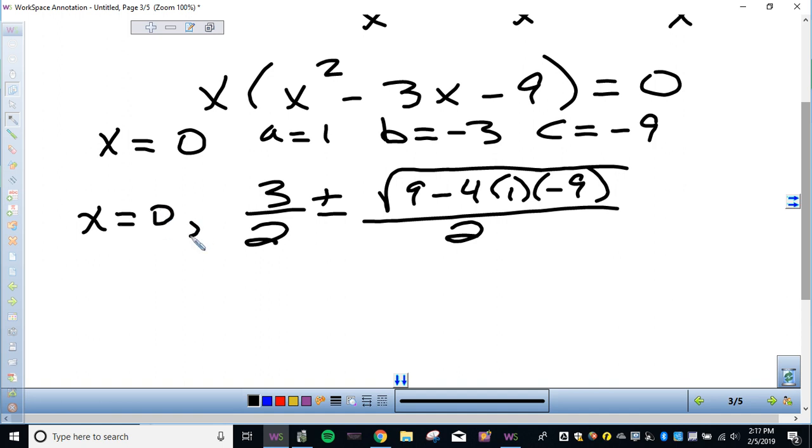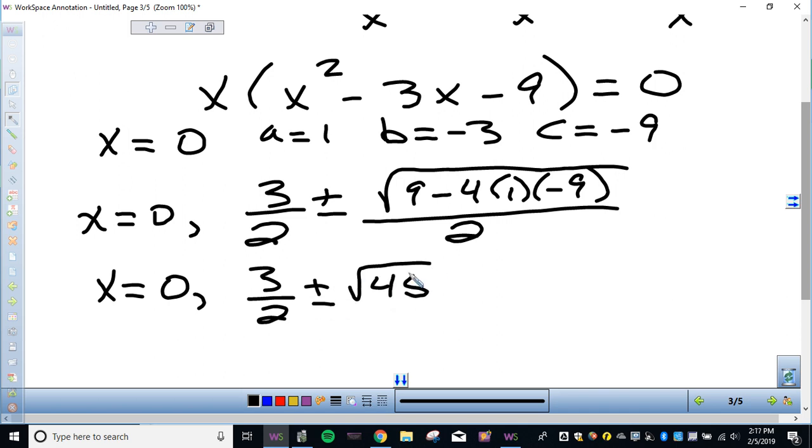So underneath the square root, we get 45. So x equals 0, 3 halves, plus or minus square root of 45 over 2. What's the biggest factor of 45 you can evenly square root? 9.